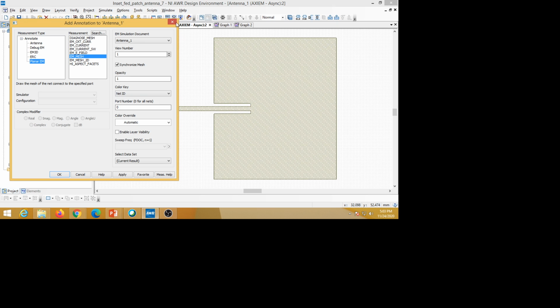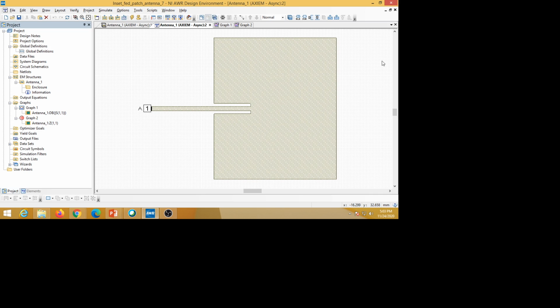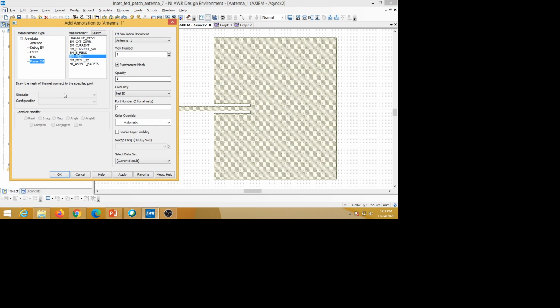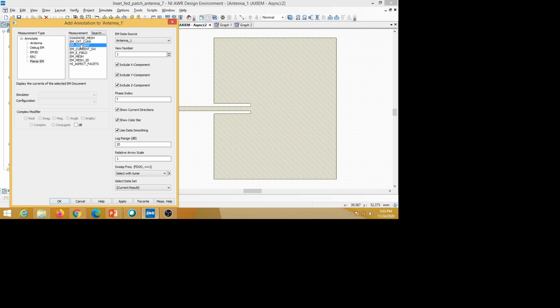To get the current distribution, here you have to keep only planar EM, but you should take EM current, that is antenna 1 only, and you should choose here in dB. Okay, and you change it to 40 here, and the frequency we should choose is 2.39 gigahertz. Okay, so this you have to choose, and then apply.